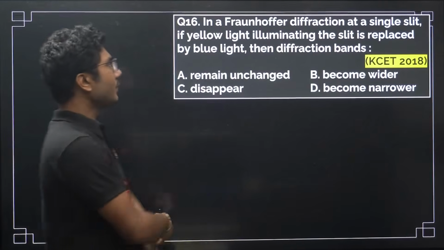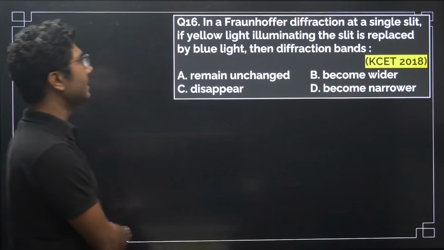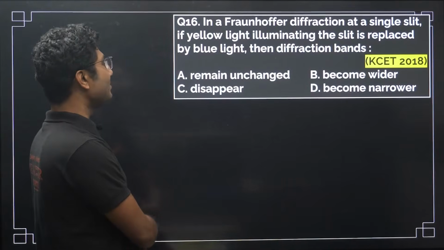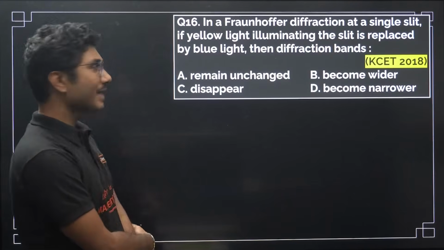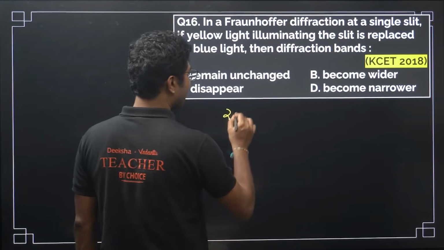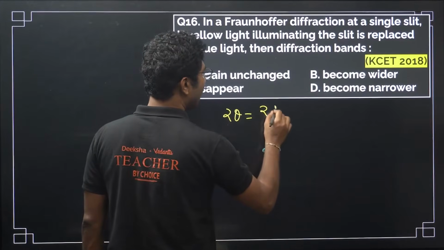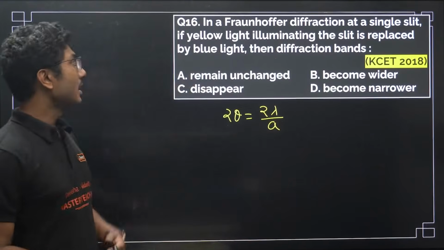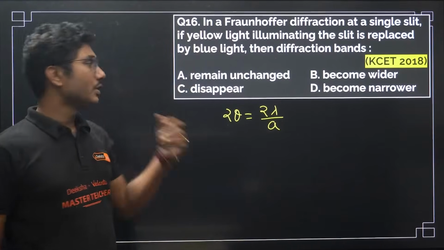In Fraunhofer diffraction at a single slit, if yellow light is illuminating the slit, it is replaced by blue light. Then the diffraction bands, so angular width of a diffraction band, if you remember, is given by 2 lambda by A. Now A is constant because same slit is used, right?